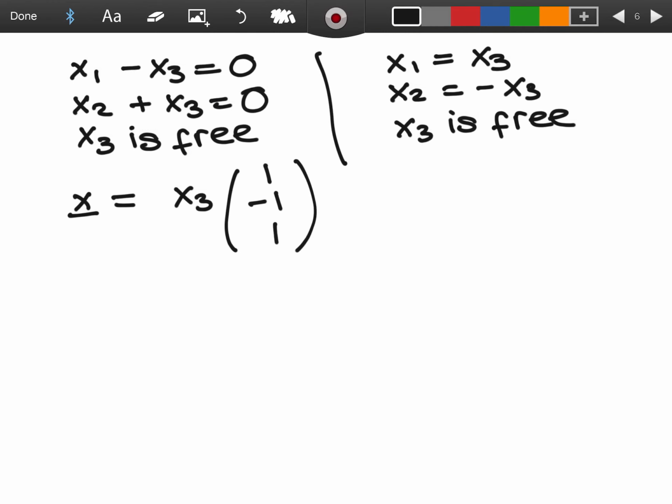So my solution x in terms of x3 is going to be 1, negative 1, 1. So my eigenspace is all scalar multiples of this vector. x3 can equal anything.